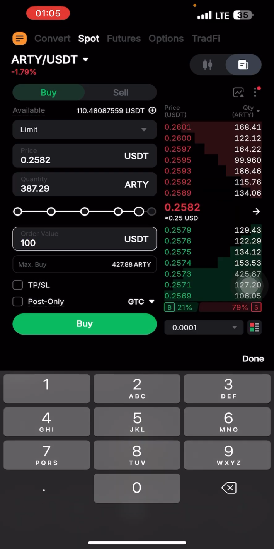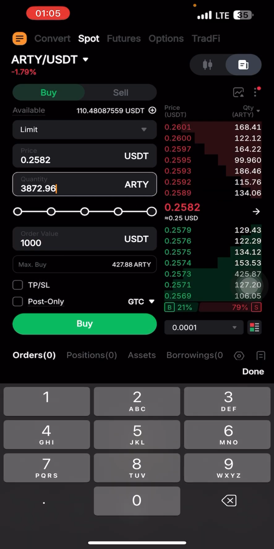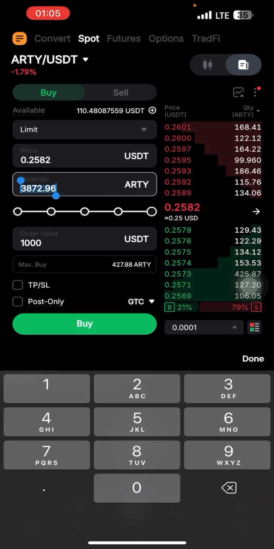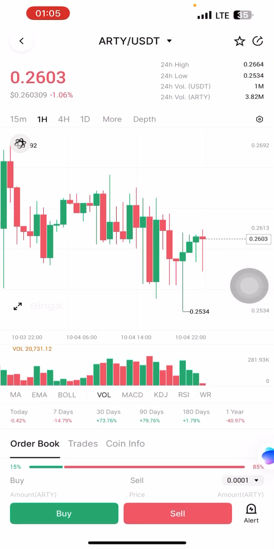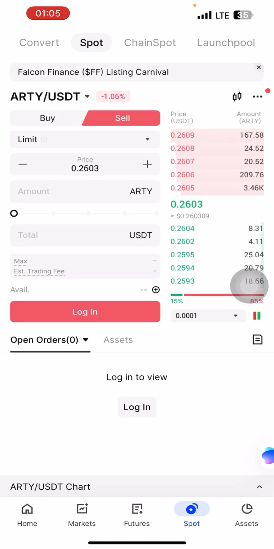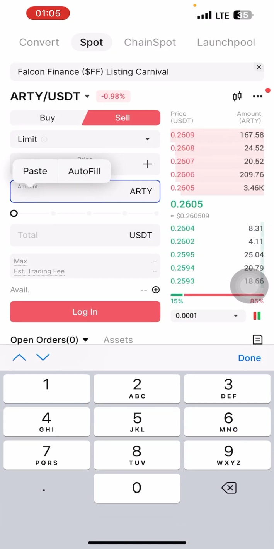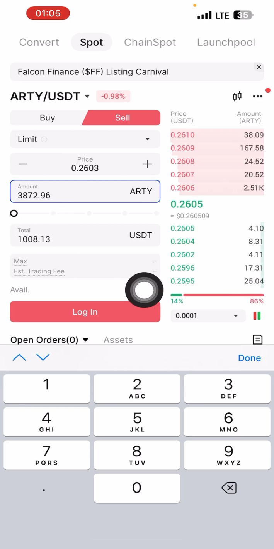Let's say I'm using $1,000, because exchange to exchange favors people who have the capital. If you have the capital, exchange to exchange is very favorable. If I'm using $1,000 to trade, I'll be getting 8.13. You just have to deduct your trading fee and the address fee from it, and the rest is for you.